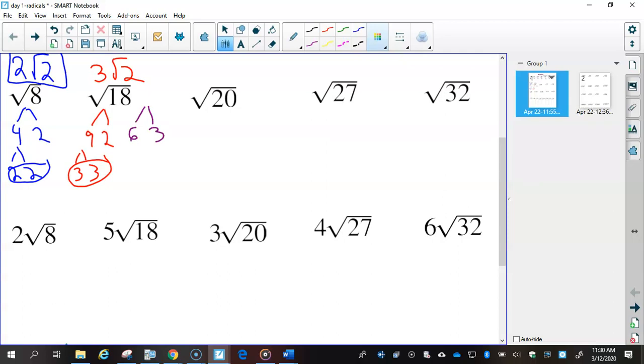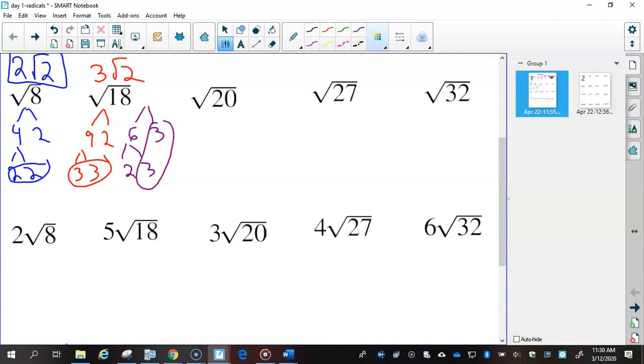Yes. 6 to what and what? 2 and 3. We still have a pair of 3's, even though they're not with each other. So it's still 3 times the square root of 2. Yes. As long as that was the last numbers you did. So like this 3, we didn't do anything else with it. These were the last things we did with that 6.